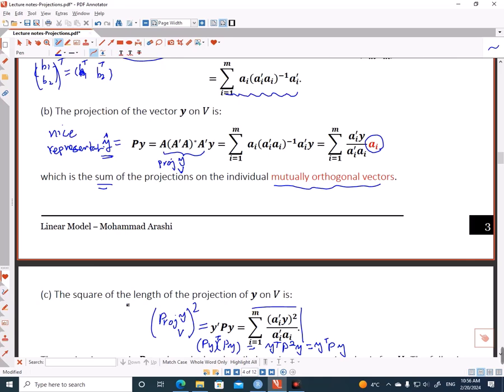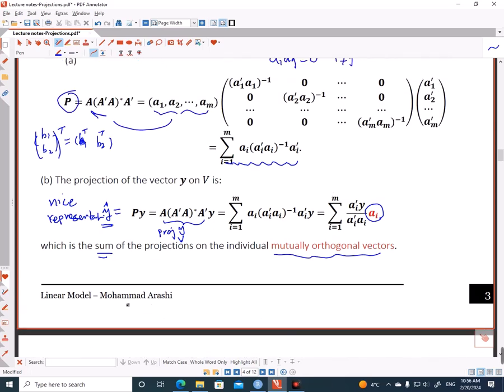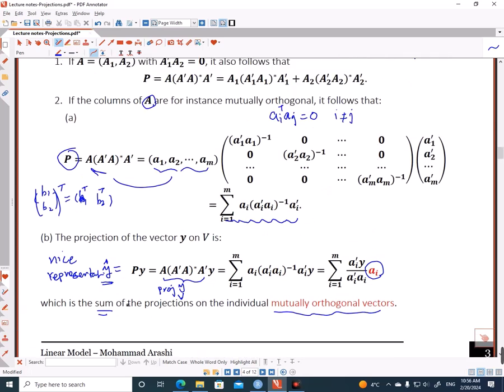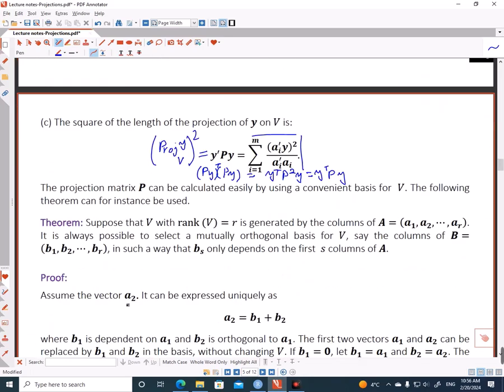So we may ask, how can we find another matrix with orthogonal vectors that spans the same space?